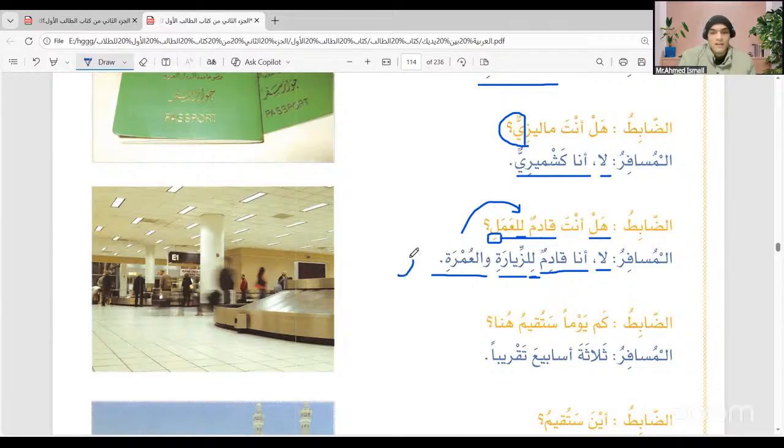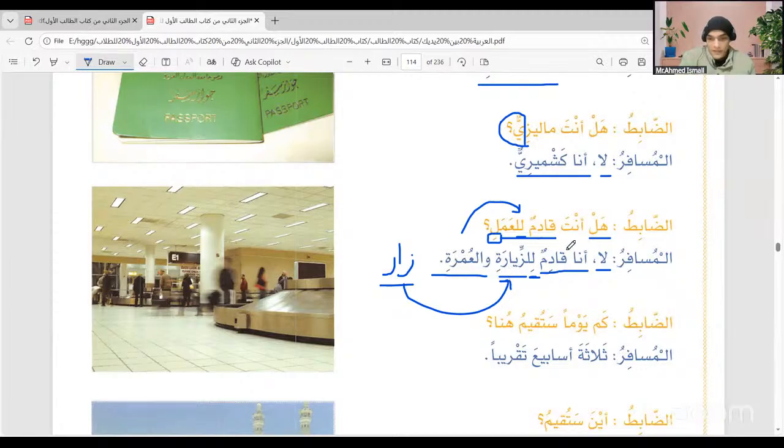The verb زار means visited someone, and يزور is to visit someone in the present, and الزيارة is the noun from that, which means visiting. So هل أنت قادم للزيارة, for visiting, والعمرة, and also for عمرة. He said أنا قادم, I'm coming for الزيارة and عمرة.